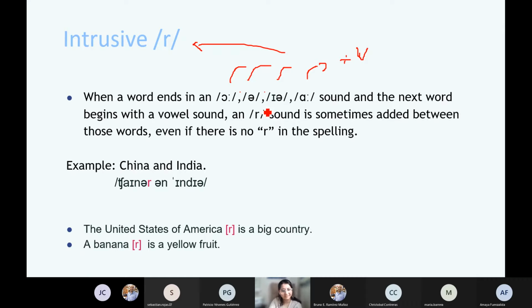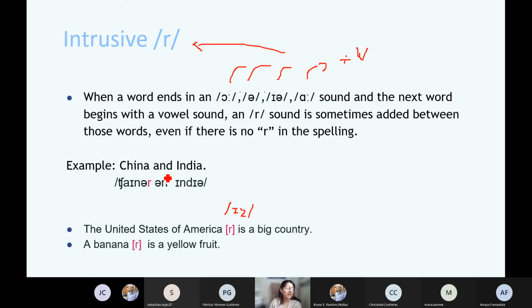The same happens with the United States of America, and we are going to add the intrusive R because the following word is "is". So we are going to say the United States of America is a big country.